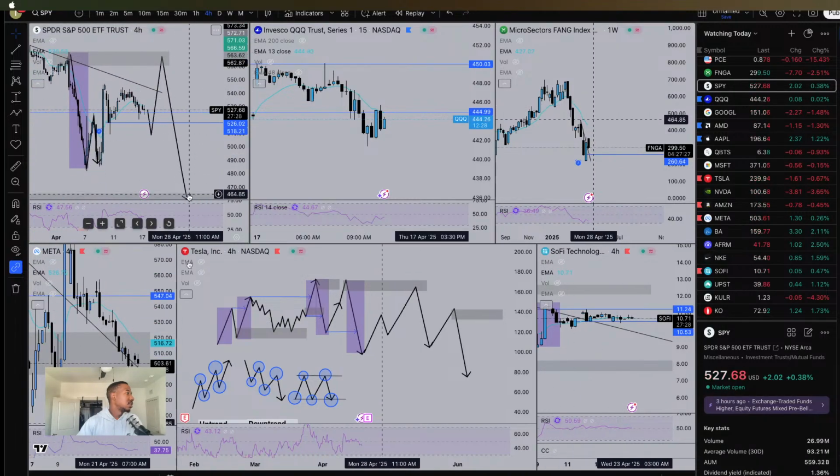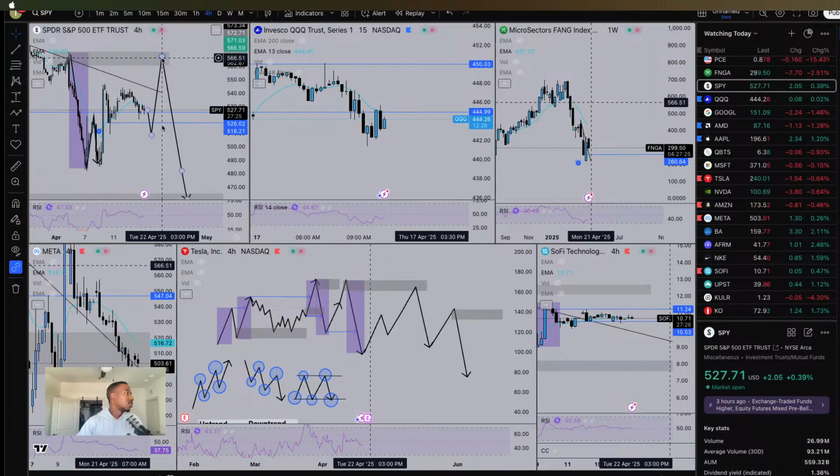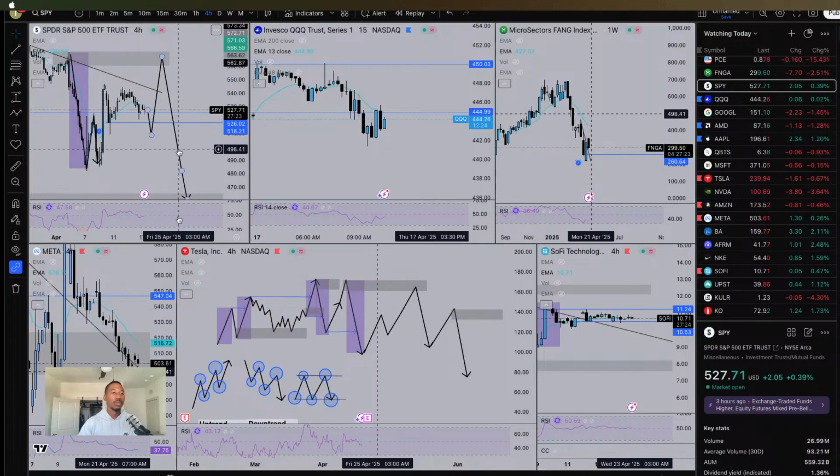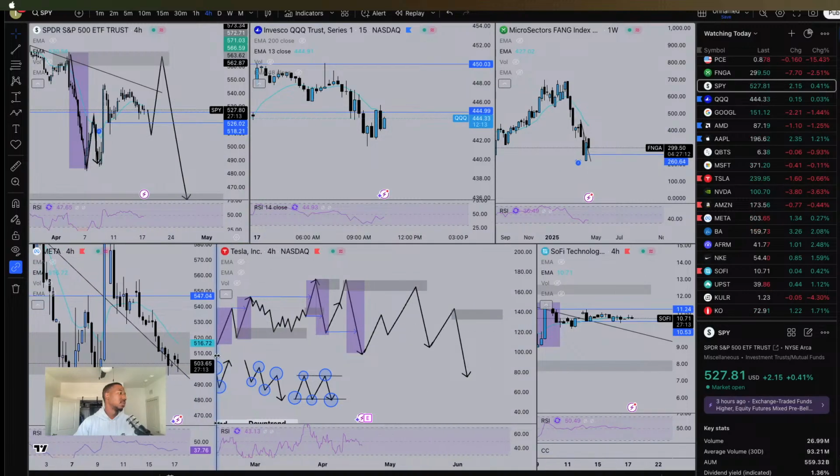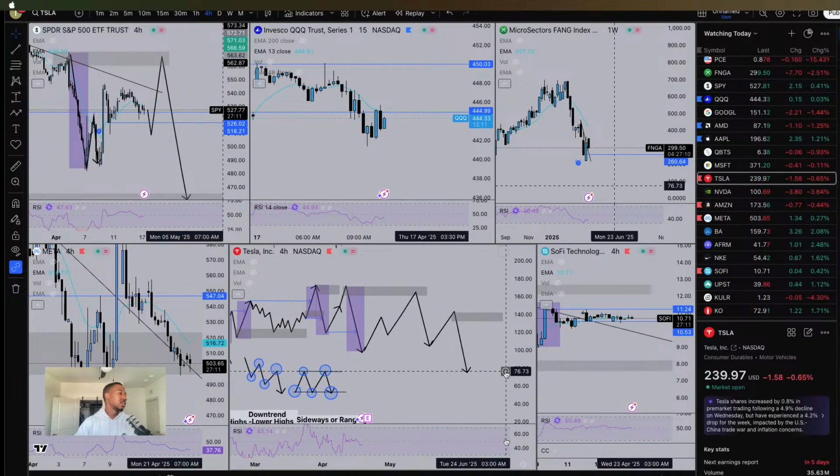So ideally, once we pull back to this, we're looking for downside. That is what we would expect from that. That's how that works.